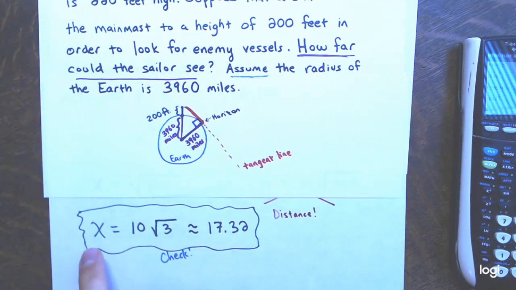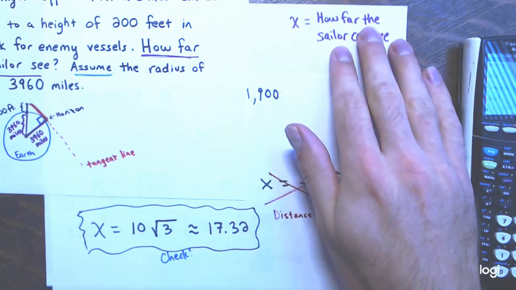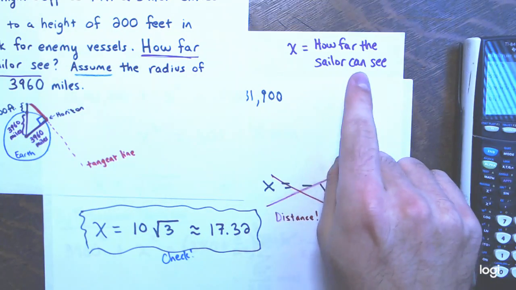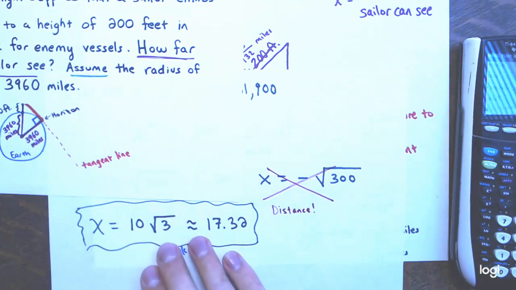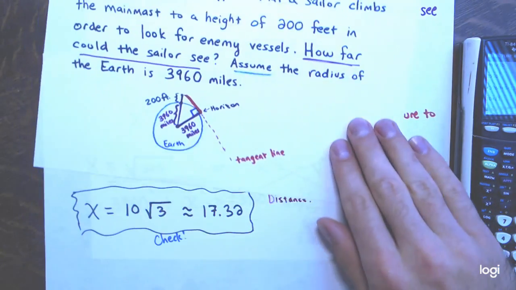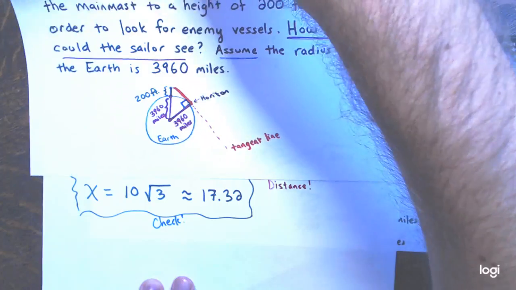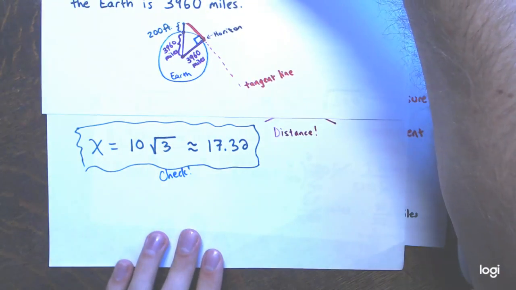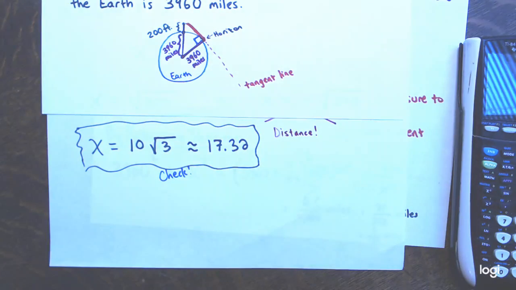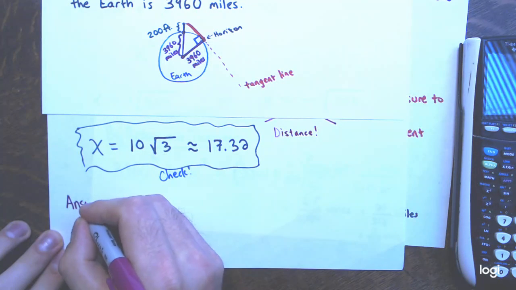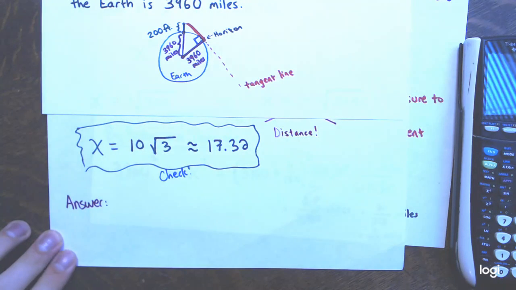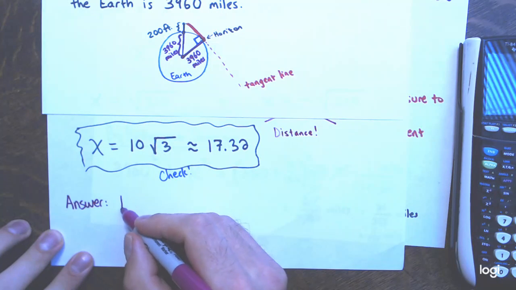And notice I solved for x down here, and what did we say x was earlier? X was how far the sailor could see, and I made sure everything was in miles. So this is in miles. So the way I would answer this question, if I were given it on a test or a quiz or some sort of homework assignment, how far could the sailor see?